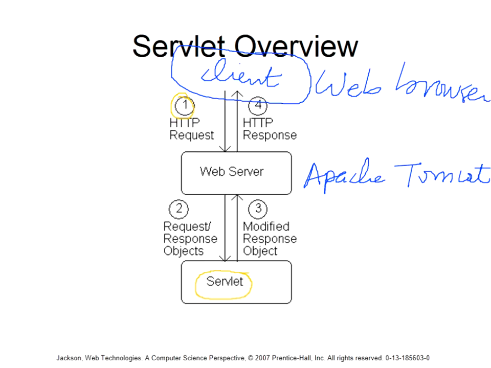After that, the servlet sends the modified response object to the web server, and the web server sends the HTTP response to the client, and the client displays this response. Is it clear? This schema is clear? Any questions about it? Okay.